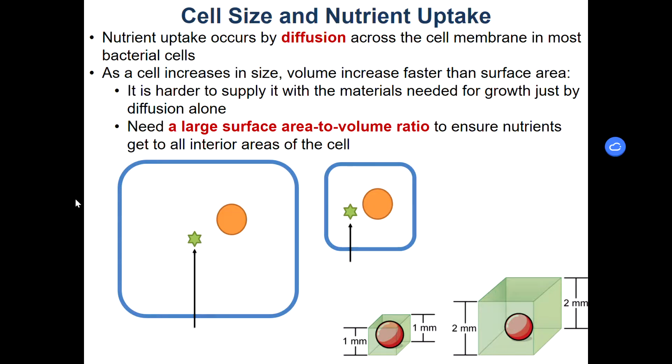So these single-celled organisms are constrained by their ability to take up nutrients. And down here is just a 3D version if you're trying to think about an actual cell that is three-dimensional instead of two-dimensional. So cell size is restrained due to nutrient uptake, which happens through diffusion.